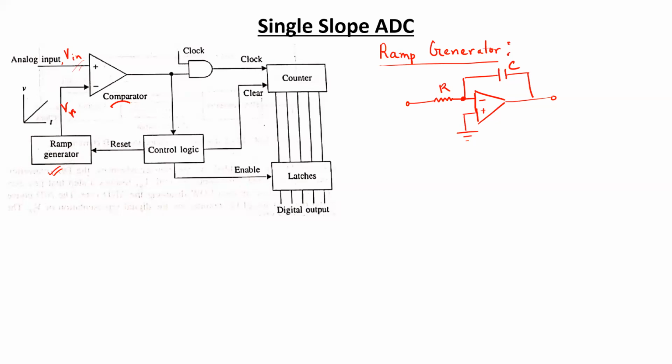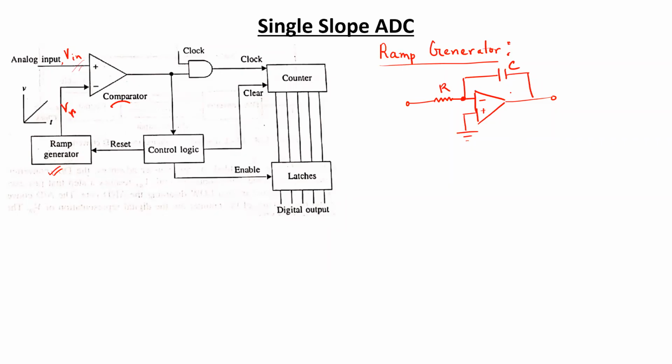Well, negative feedback, but when you have a capacitor in the feedback path, then that particular circuit signifies a special type of application. So differentiator or integrator? Well, it's actually an integrator.